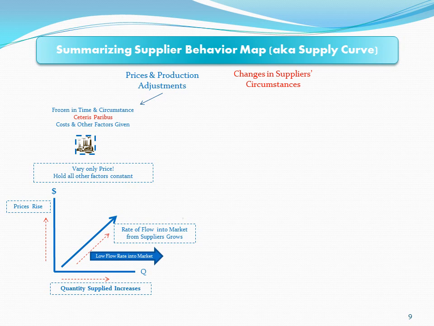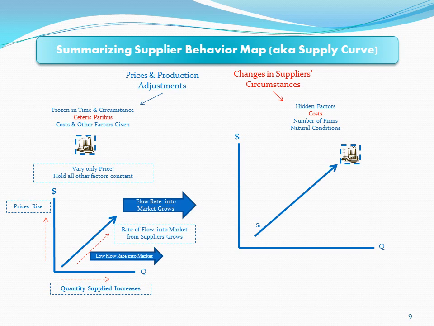However, if there is a change in the hidden factors, the given conditions, then we would reposition our description of the industry in this map.